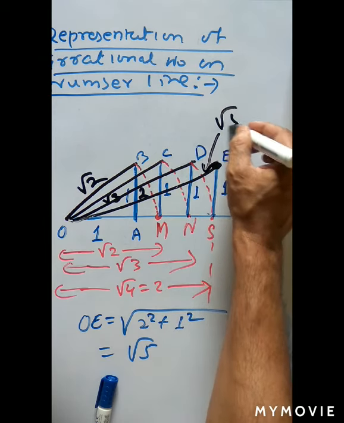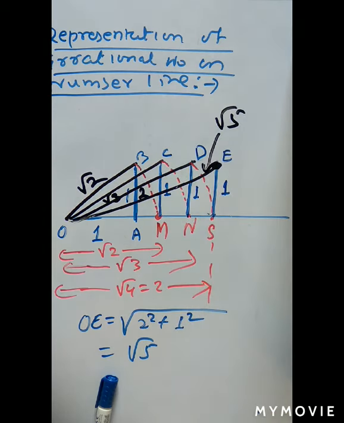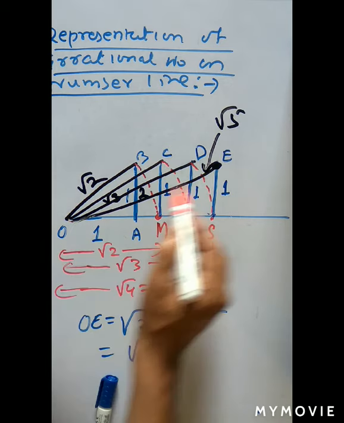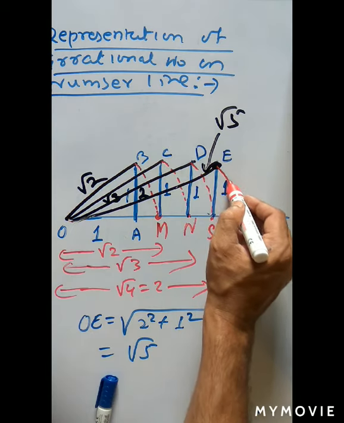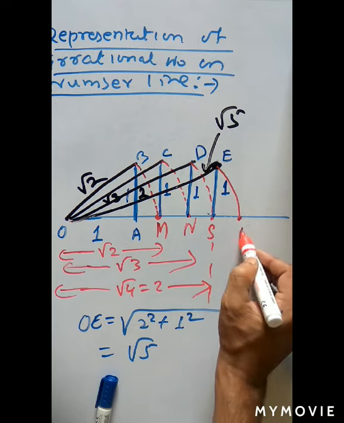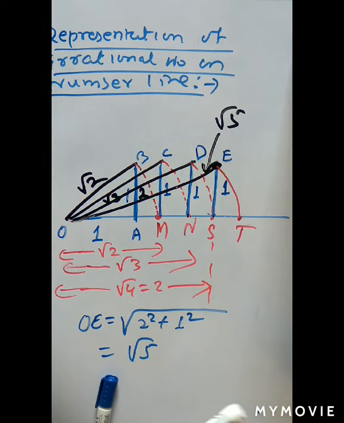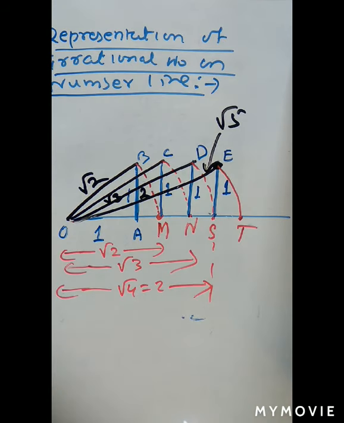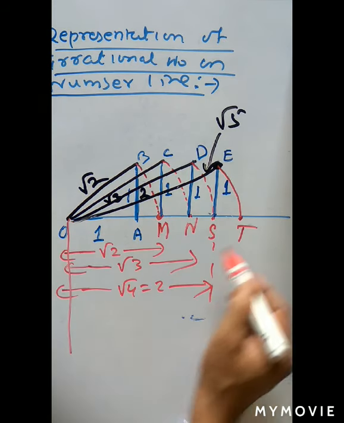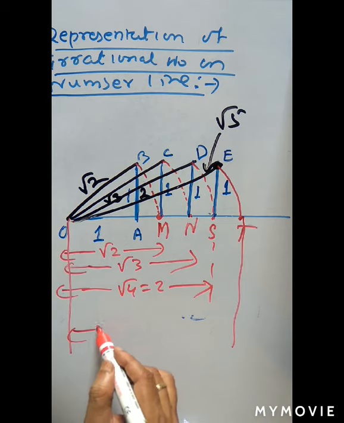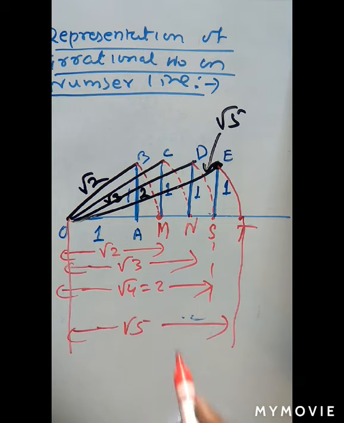Again, with O as the center and OE as the radius, draw an arc, and let us say it meets at point T. Now the distance OT will represent root 5 on the number line. So we can say any irrational number can be represented on the number line by this method.